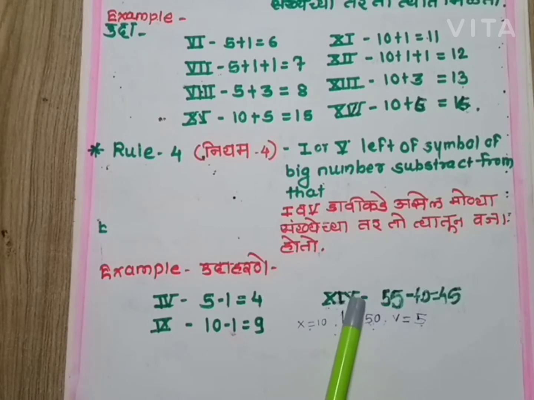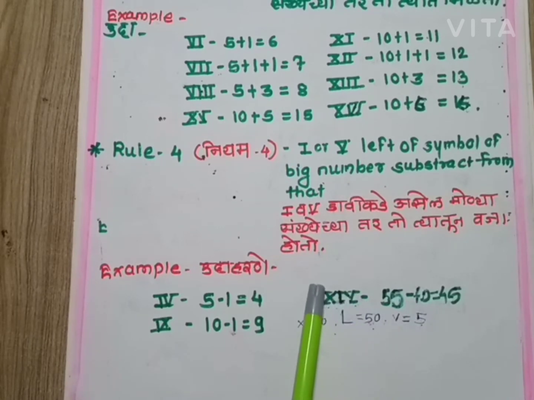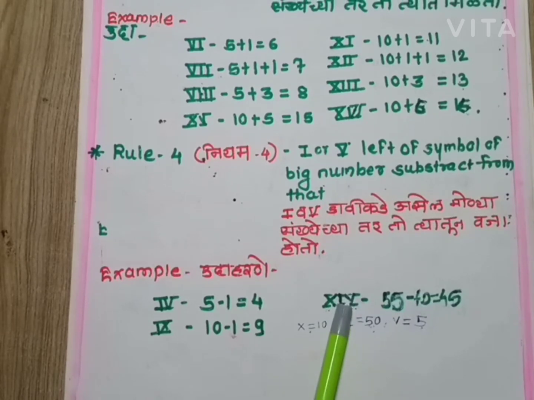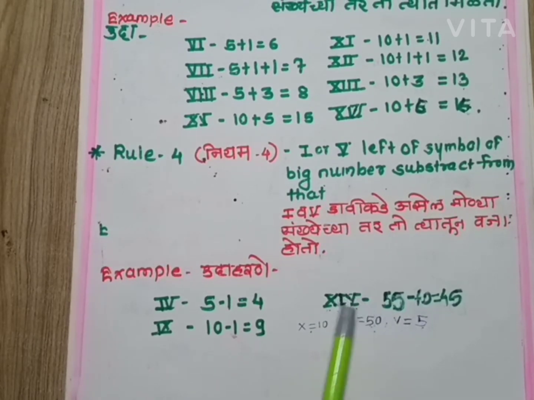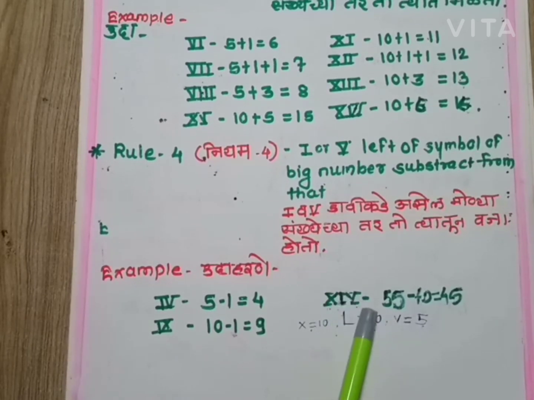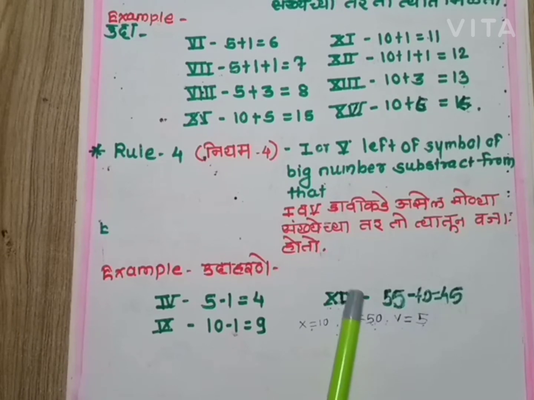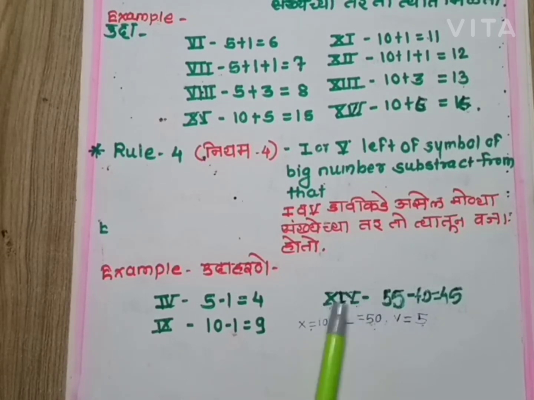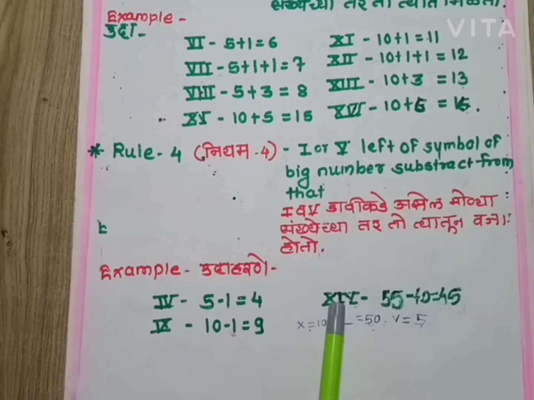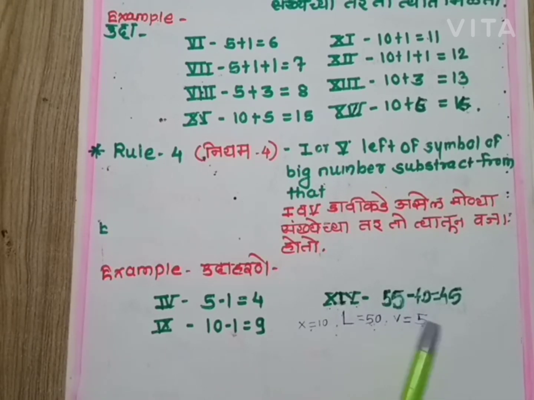And X is on the left side of this value. We know that the value of X is 10 and this is 55. As it is on the left side of that symbol, it gets subtracted from that value. So 55 minus 10 gives 45.